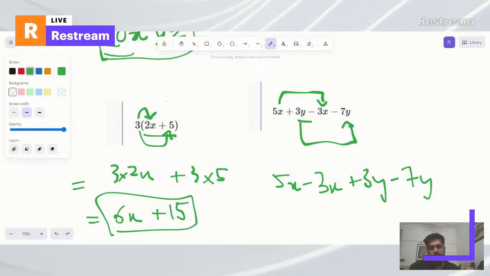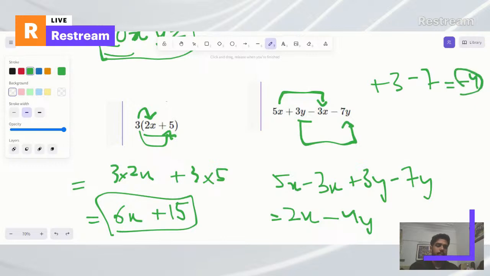So 5x minus 3x gives us 2x. Okay, so numbers are gonna subtract with each other. Okay, similarly, 3y minus 7y, it's going to give us an answer of minus 4y, because y is the variable which is common in both of these terms, right?